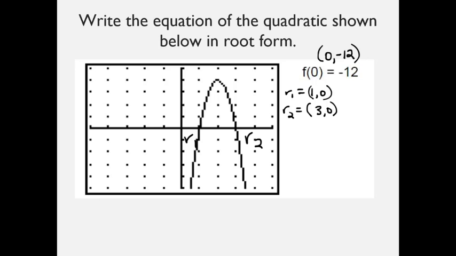So let's first use our roots to put it in root form. So we have y equals a, x minus 1, x minus 3. Now to figure out what a is, we have -12 equals a, x minus, I have to put the 0 in for the x, 0 minus 1, 0 minus 3.